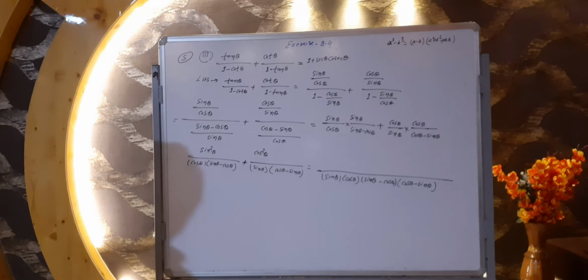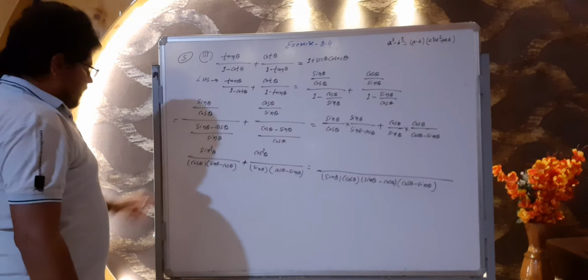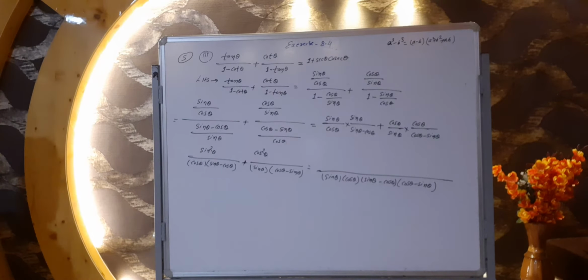Okay, now if you see carefully what is happening here, as per the LCM, our LCM is cos theta, sin theta, after it sin theta minus cos theta and cos theta minus sin theta.